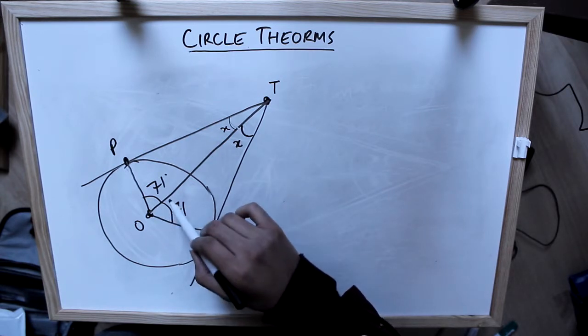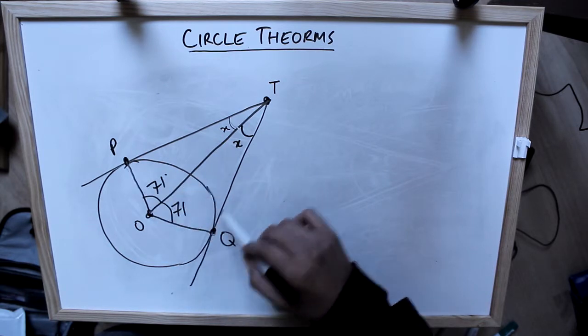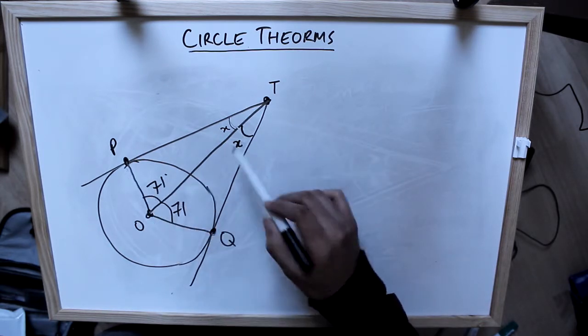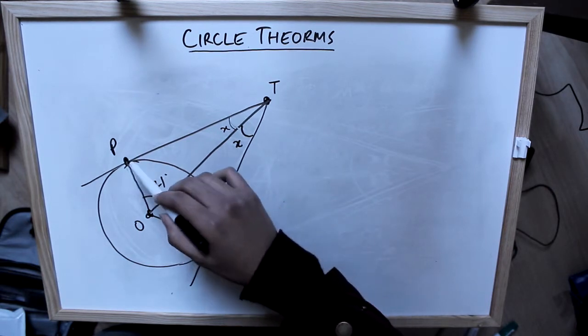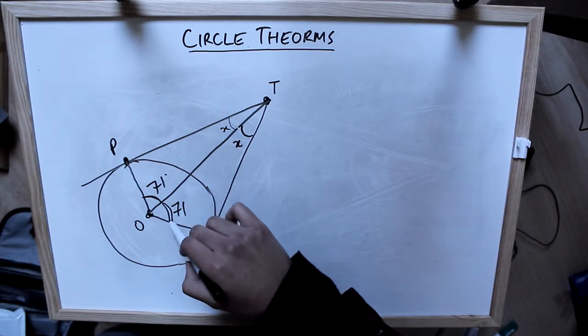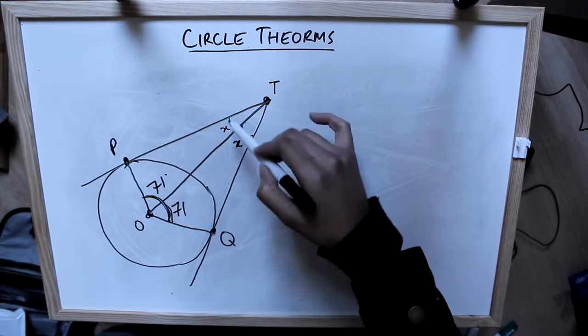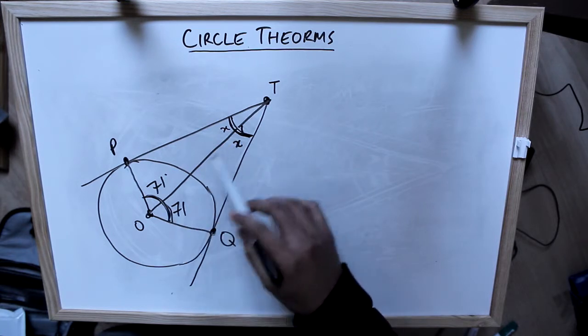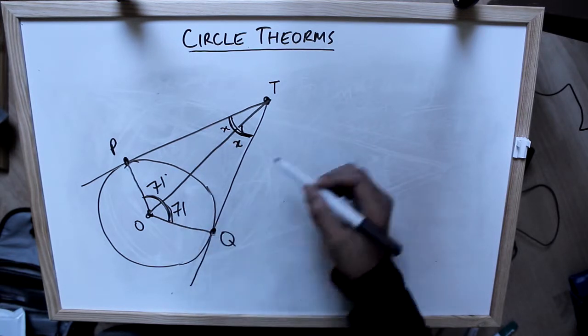Now, using our basic quadrilateral rule that we've gone through a few times before, we can work out the opposite angle. So here's a quadrilateral. If we add these two up, this will give us our entire angle. If we add these two up, this will give our entire angle. And we know that these two need to equal 180.